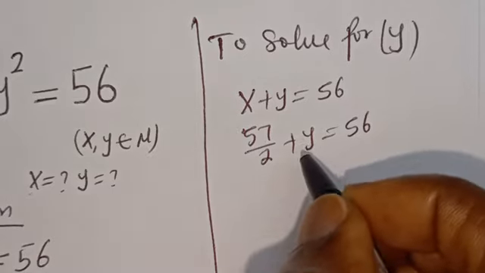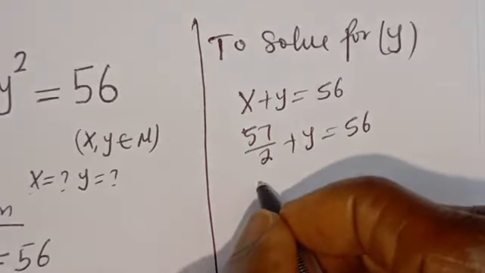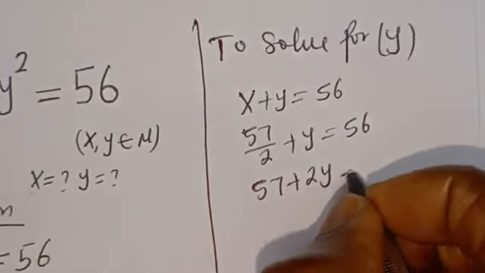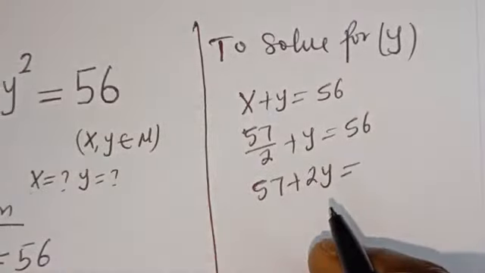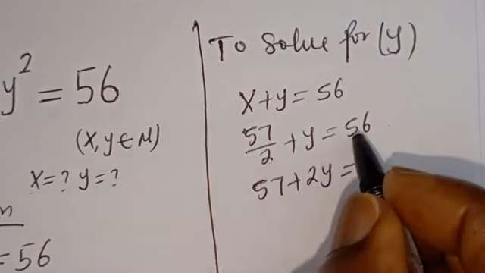Then if you multiply all through by 2, we have 57 plus 2y is equal to 56 multiplied by 2.